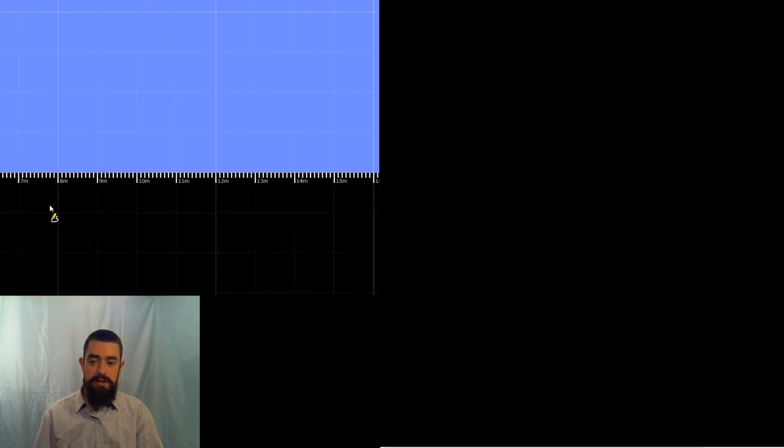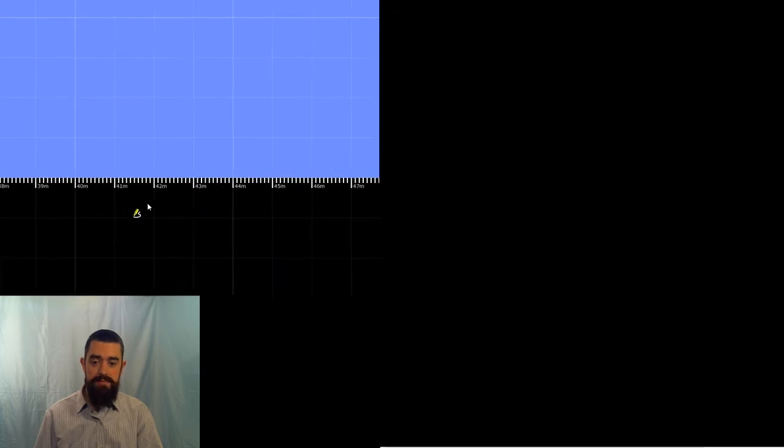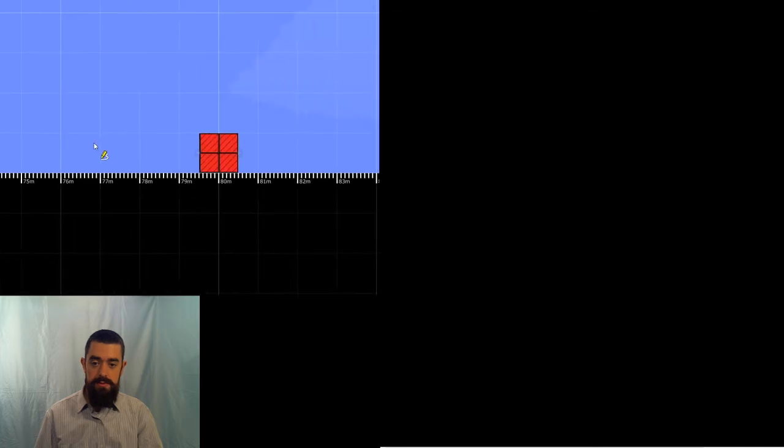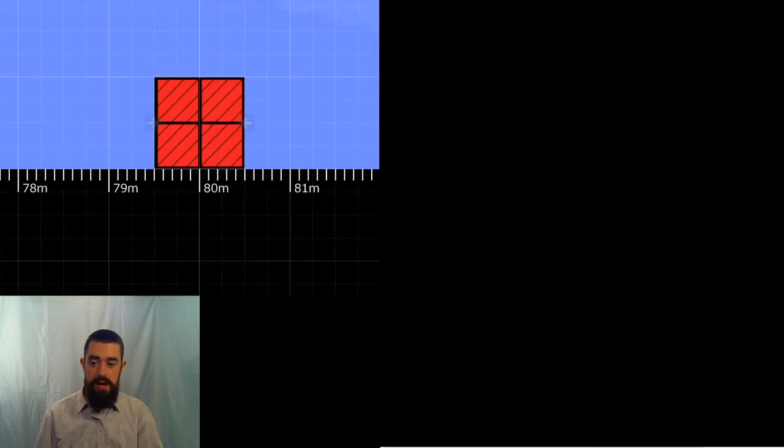Okay. So let's go over to 80 meters where our object is. So this object's position right now is 80 meters.